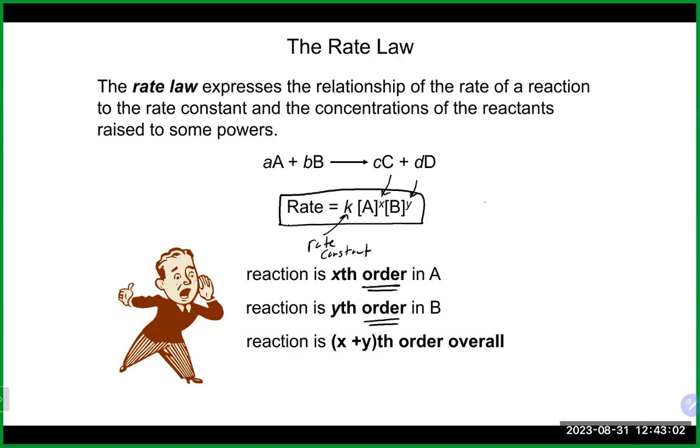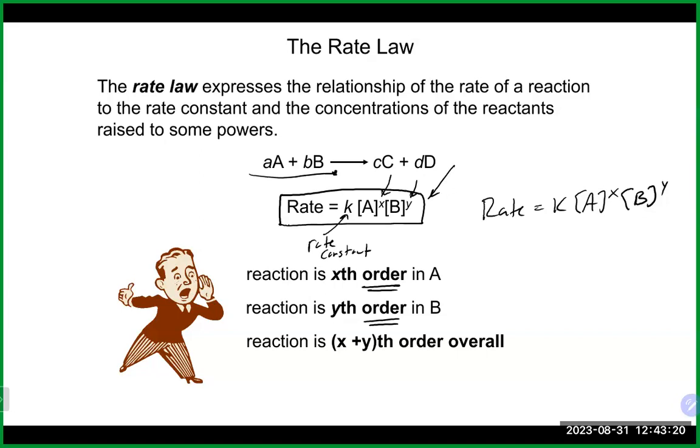So let's say we did have this reaction, where the rate is equal to k[A]^x[B]^y. And by the way, as we can see here, the only things included in the rate law are reactants, no products. So no products in the rate law, just reactants.